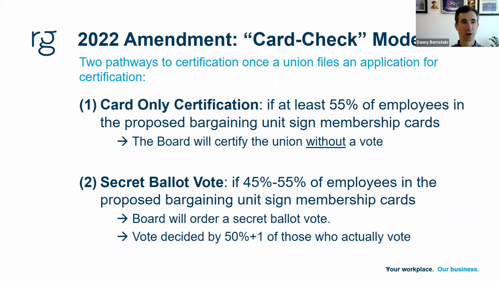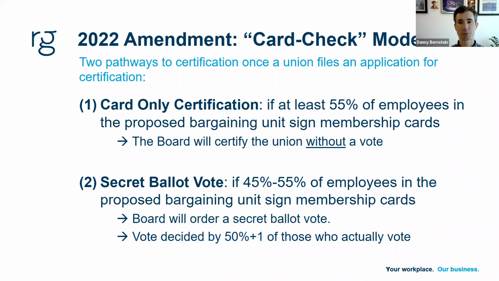So they can have been organizing your workforce for 6 months, and you've probably been unaware of it. At a certain point, they feel they have enough cards signed, at least 55% of whom they say is in the unit. So if there's 10 employees, they need 6. And if they have those cards, the board will certify the union without a vote.